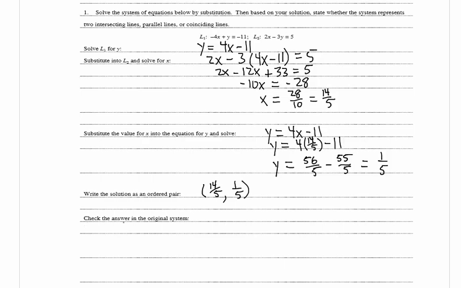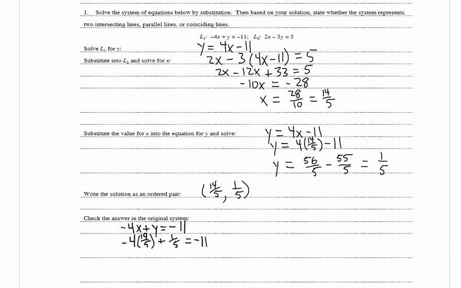Now we want to check the answer in the original system. So we want to check our ordered pair in both of the original lines. We have negative 4x plus y is equal to negative 11. Now I'm going to place 14/5 and 1/5 into the equation. So I have negative 4 times 14/5 plus 1/5 is equal to negative 11.